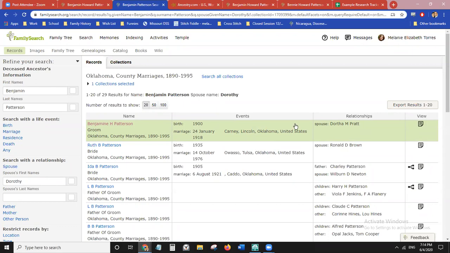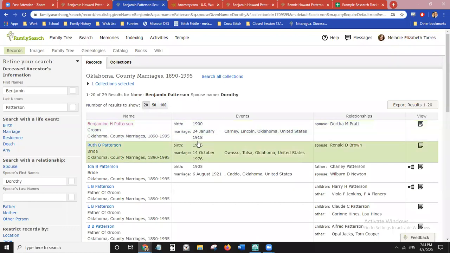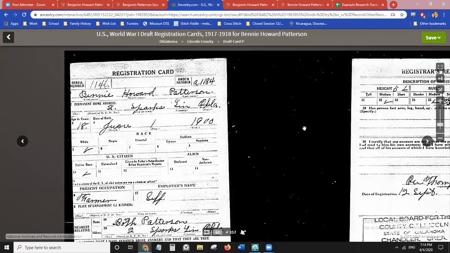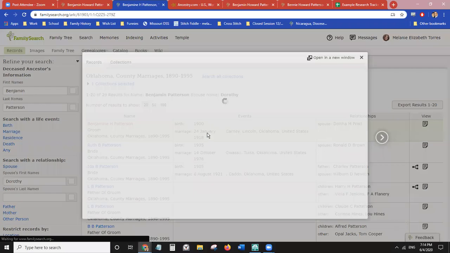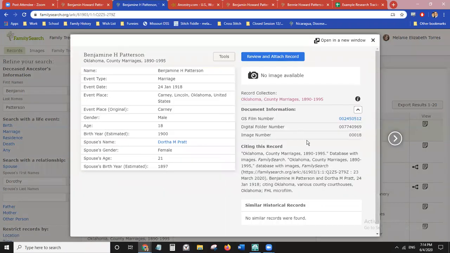So Dorothy and Dortha are pretty similar. It might be a transcription error, it might just be a nickname, and they were married in 1918. So that would be just before this draft record was created. So that matches all the information that we know. He was born about 1900. So this is looking like a real good match. So we're going to go ahead and click that.